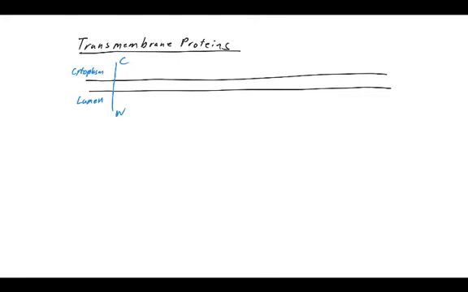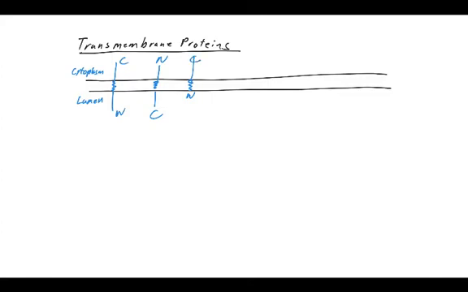Conversely, you can also have topologies where everything is flipped. And then you can even have things where the amino terminus is the actual transmembrane domain itself, and it's anchored in the membrane.